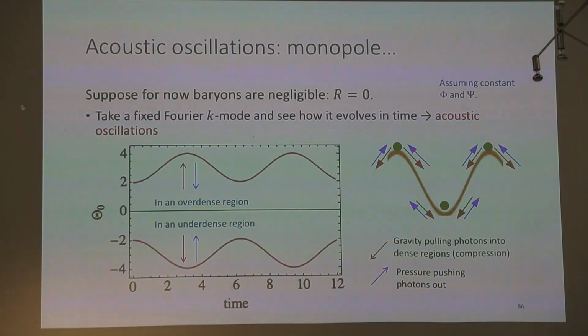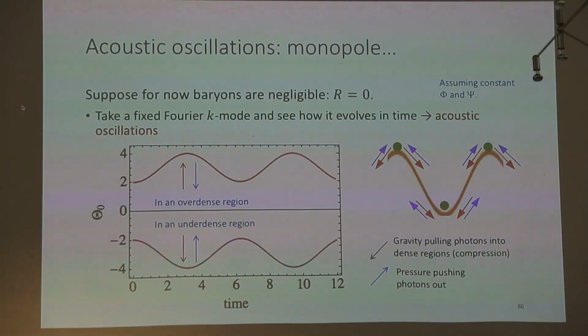Okay, and that corresponds to these blue arrows over here, which are basically pressure trying to push the photons out. Okay, sometimes pressure is very successful versus gravity, and so instead of compression, you have rarefaction of the gas, and so you have compression over here, and then rarefaction over here, and then compression, and so on and so forth. The cycle keeps going. Okay, it's just competition between gravity and pressure.